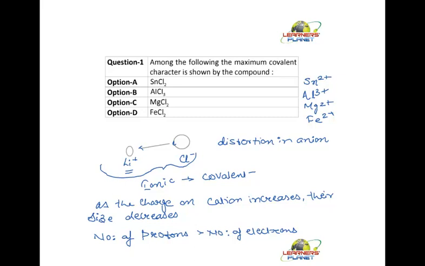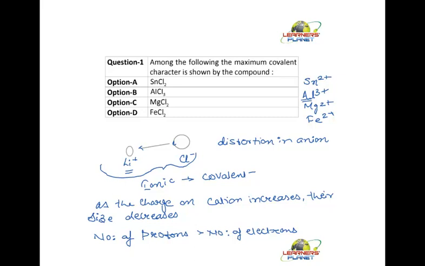And along the group, from top to bottom, the size of the atom increases, and along the period from left to right, the size of the atom decreases. Now see, which is the smallest cation?